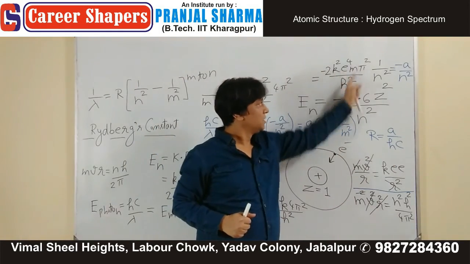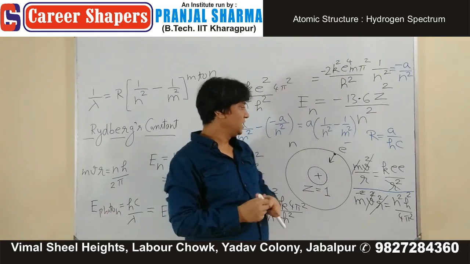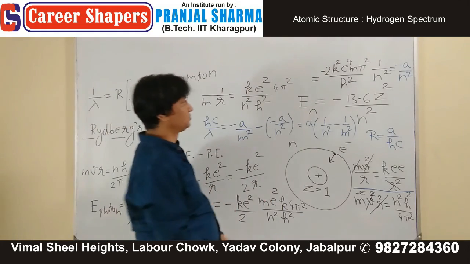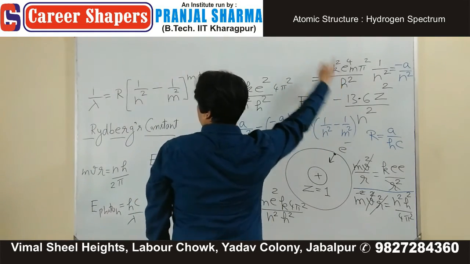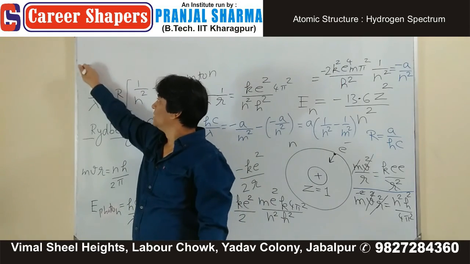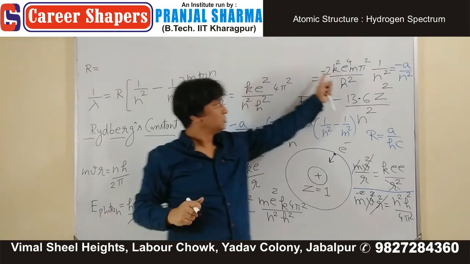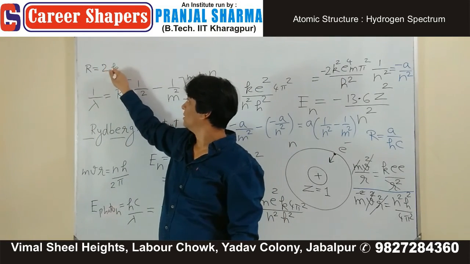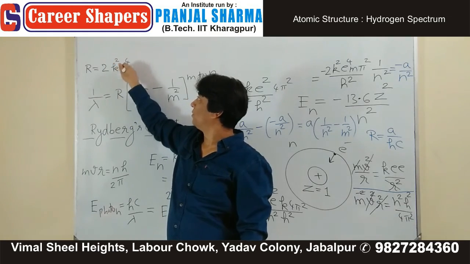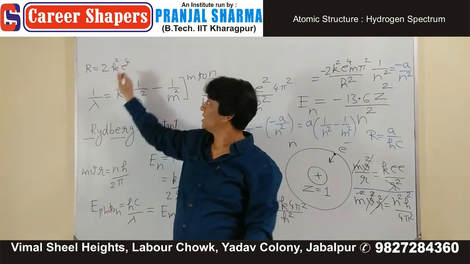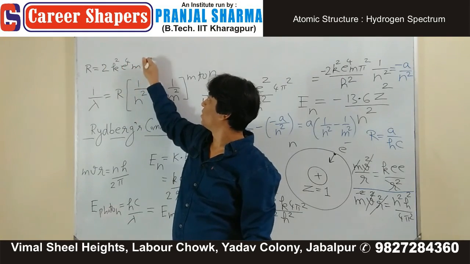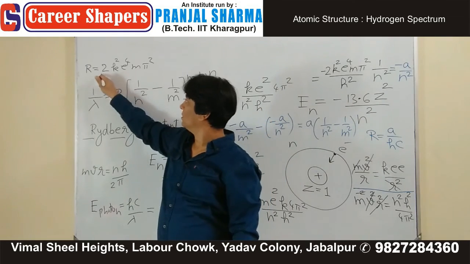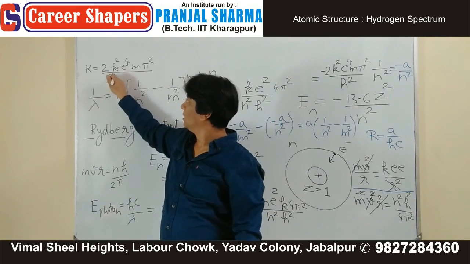This is A. Divide the whole thing by hc and your answer finally becomes, over here, your R is coming 2π²k²e⁴m divided by h³c.